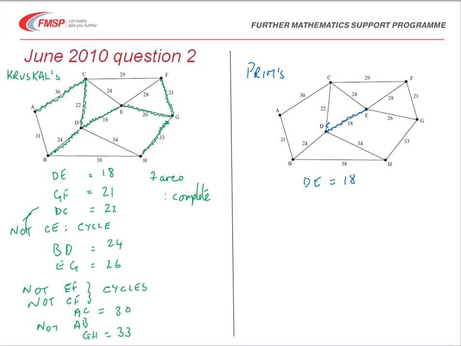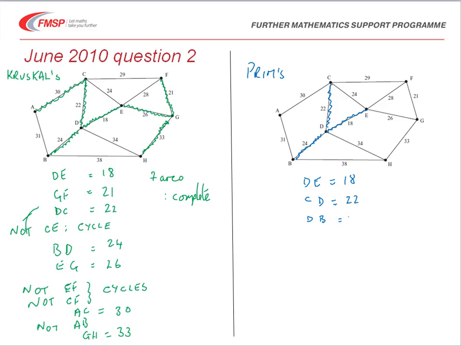So the next one to add in is DC. And you can see immediately then that our algorithm has gone in a completely different route. And following on from that, we get DB. So DB size 24. Again, we could have considered CE. Let's do DB next though.